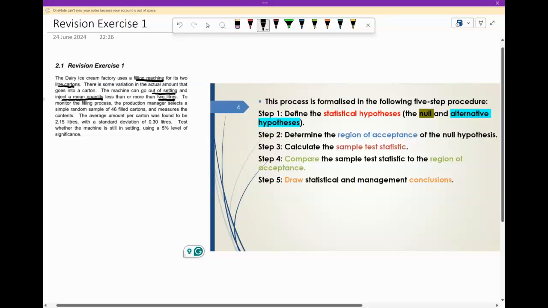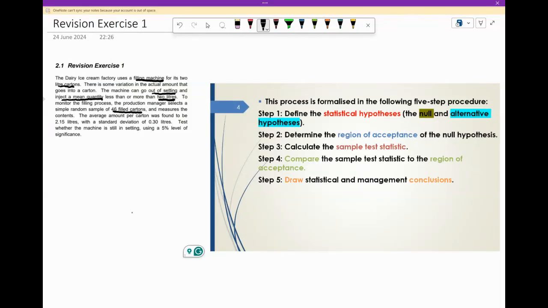To monitor the filling process, the production manager selected a simple random sample of 46 filled cartons and measures the contents.